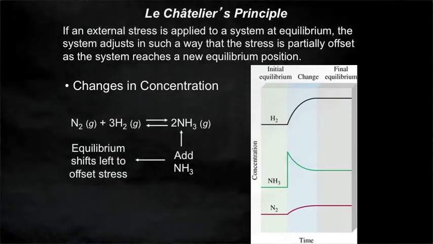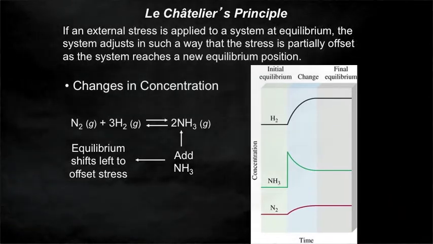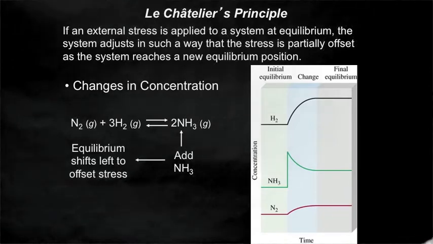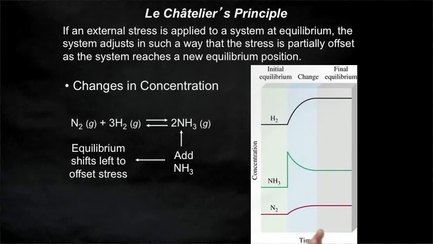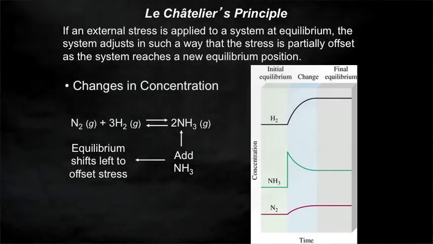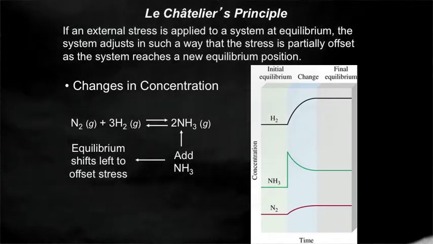The system is going to shift then. Now we're no longer at equilibrium, we have a Q value, and it's going to shift in such a way that some of that mass is converted back to reactants. So it's going to reestablish equilibrium, changing the concentrations, still following the equilibrium constant, so that we get a new set of equilibrium concentrations.